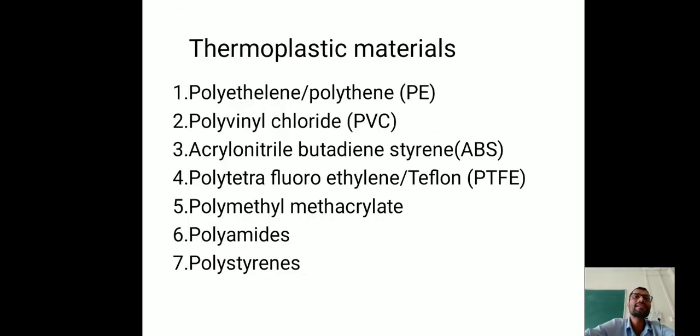Then these are the different thermoplastic materials that we have to discuss today in detail: polyethylene or polythene, polyvinyl chloride means PVC, acrylonitrile butadiene styrene means ABS, polytetrafluoroethylene or Teflon, then polymethyl methacrylate, polyamides and polystyrenes. These different thermoplastic materials we have to discuss in detail in today's lecture.